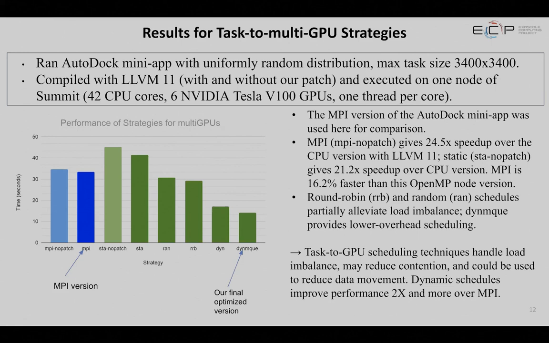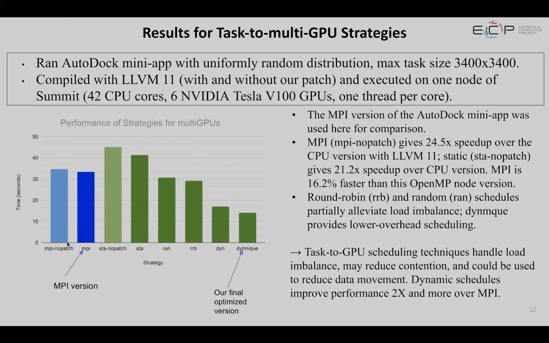We also had an optimization over dynamic where we have these multiple queues. So we reduced data movement across GPUs. That actually improved our performance even more. And so it improves just over 2x over MPI and actually a little more over the static version.